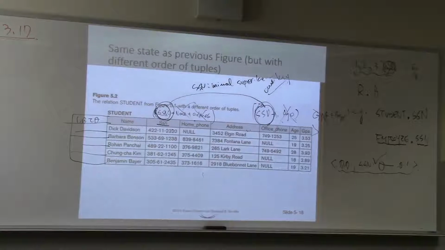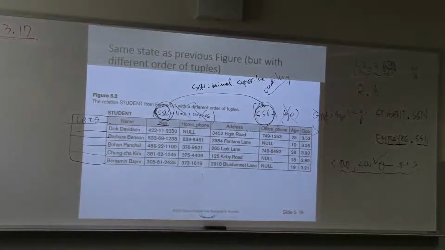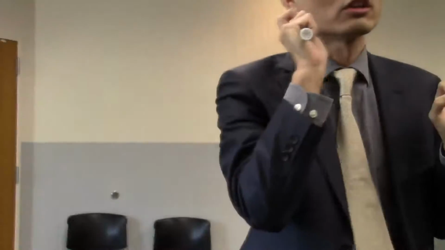Many. There are many super keys. And how many minimal super keys? Two. One is UBID, another one is SSN. What is the candidate key? UBID and SSN.